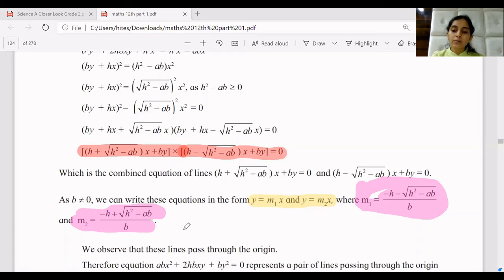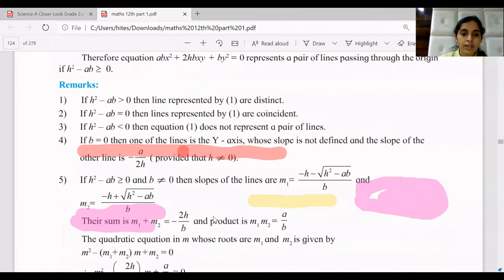Because y = mx is the general form, if you have the slope, then you can write the equation from the combined one. So if a combined equation is given to you, you require only the slope to find the separate equations of the lines. That's why these m1 and m2 are very important.